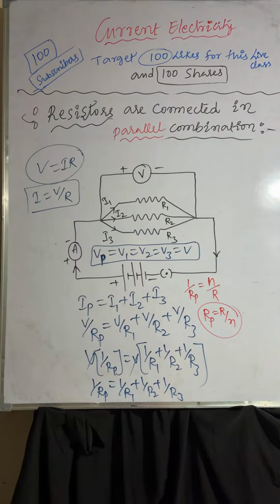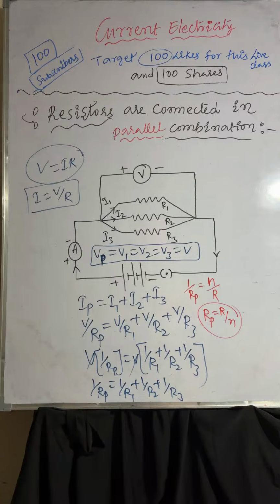Yeah, so that is true for n number of resistors. So actually, you can see, for n number of resistors, 1 by Rp equals n by R. But I took Rp, right? 1 by Rp equals n by R only.